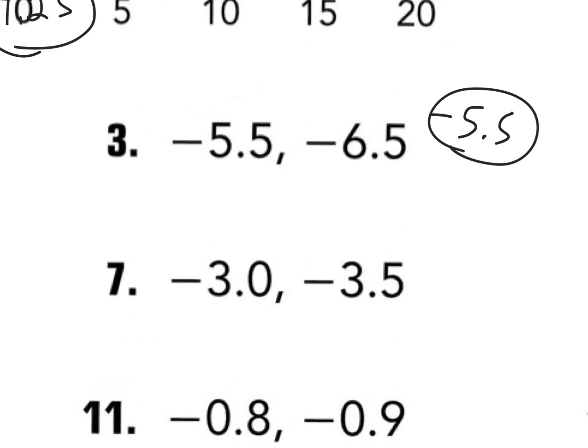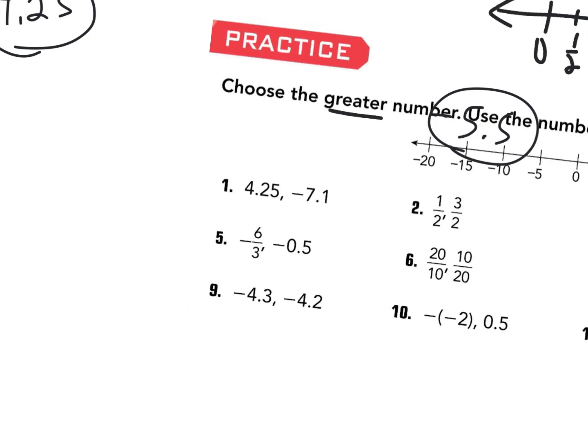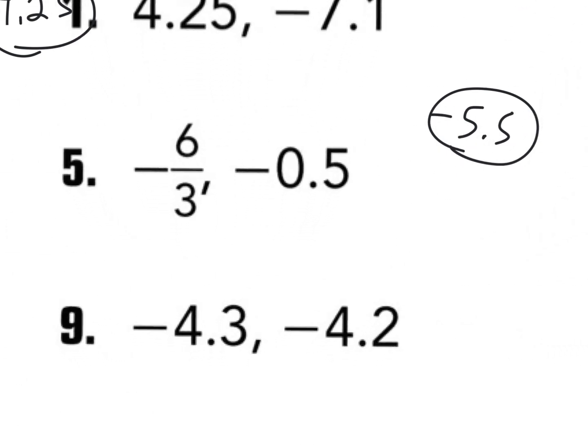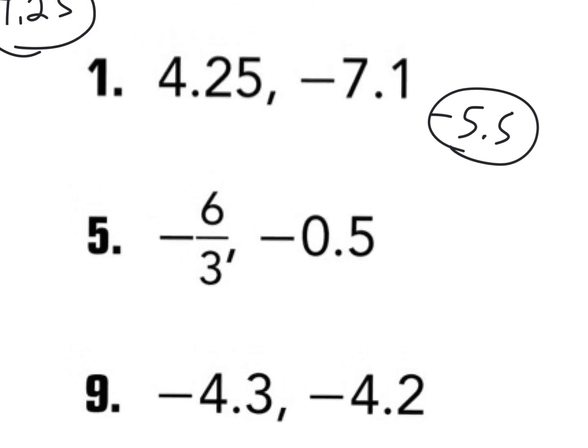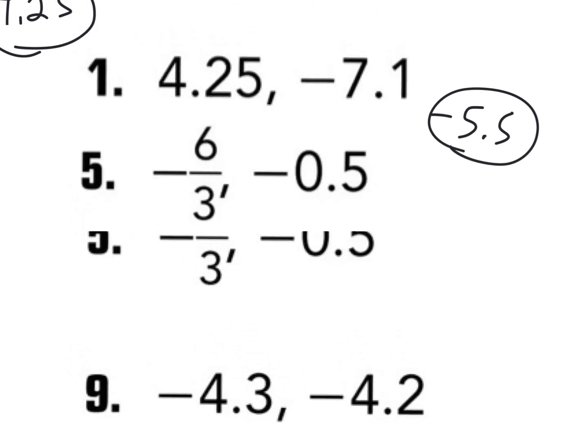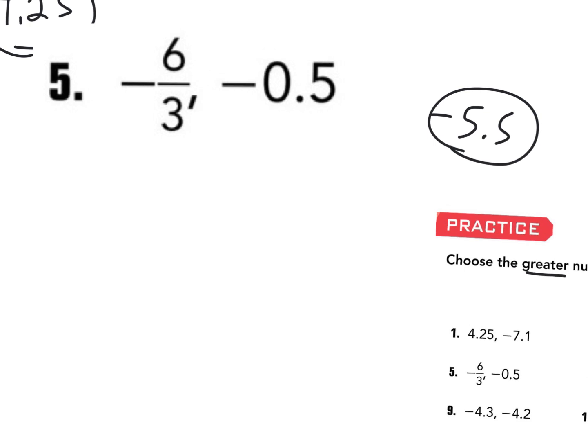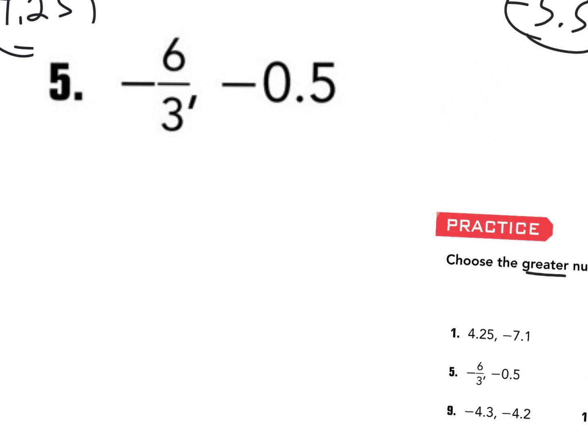Number 5, on this one you can simplify this to start with. So they've got negative 6/3. I don't like where they have the negative sign there, but it would be like this. So 6 divided by 3 is 2. So this would be the same as negative 2.